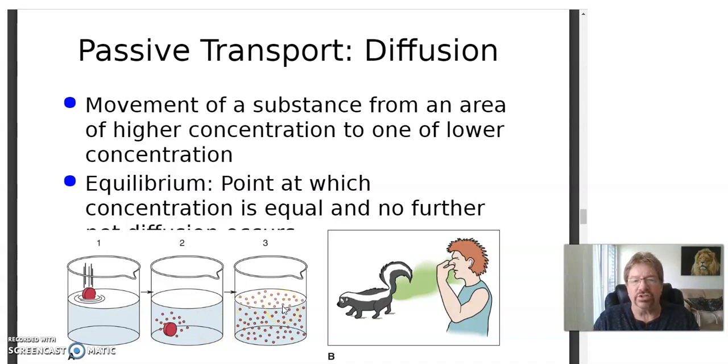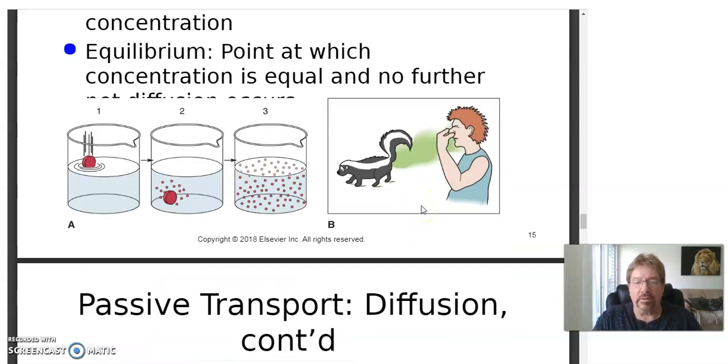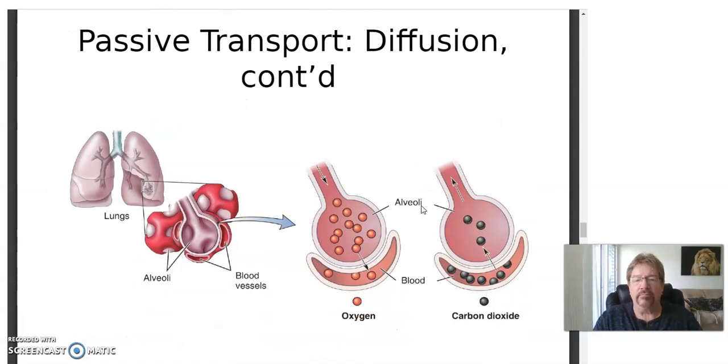It tries to reach a point of equilibrium. Okay? Equilibrium, point at which concentration is equal, no further diffusion is possible. So that's just a natural process that takes place. It doesn't require energy for this. It just does it. And it's a good thing, too, because we depend on this sort of thing a lot. Passive diffusion does not require energy.